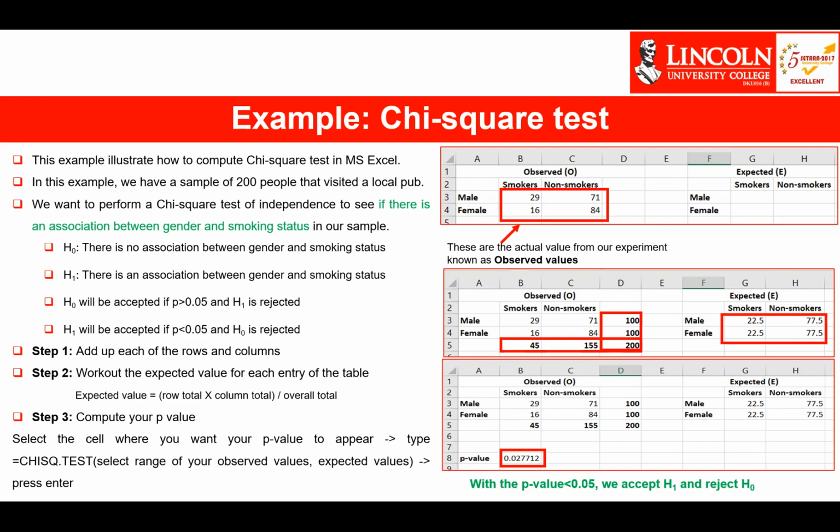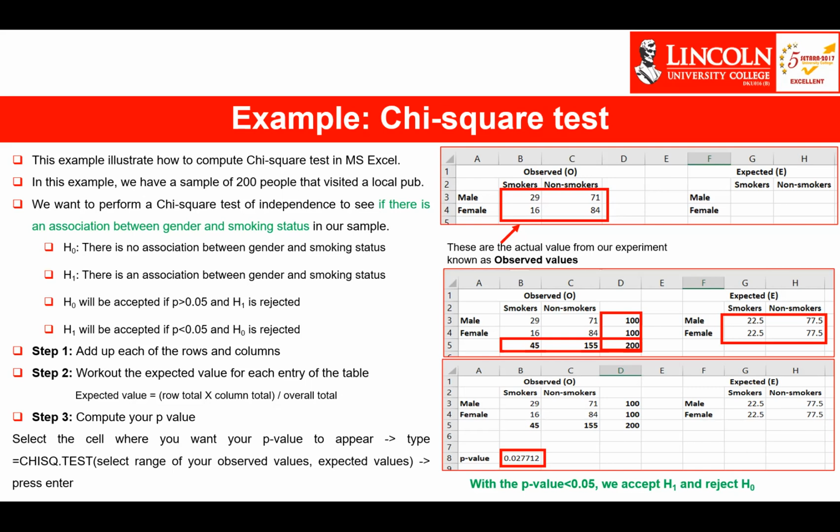So note this now, we use t-test to investigate differences. We use chi-square to investigate whether there's an association between a certain group and something. Okay, so now we want to see if there's an association between gender and smoking status.